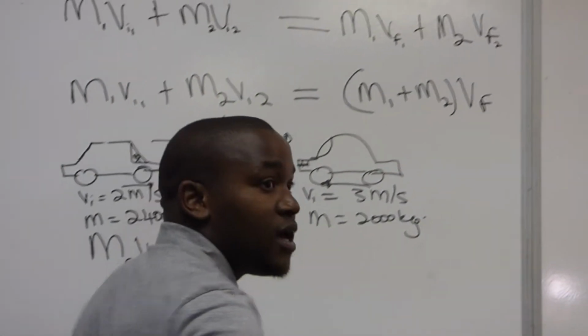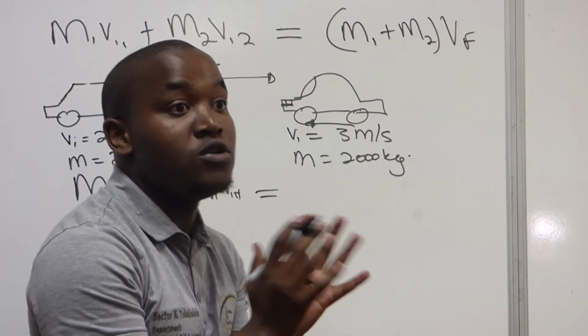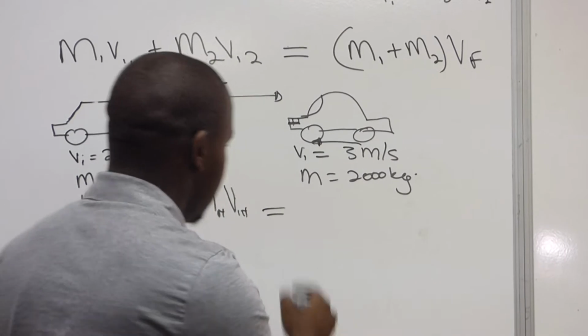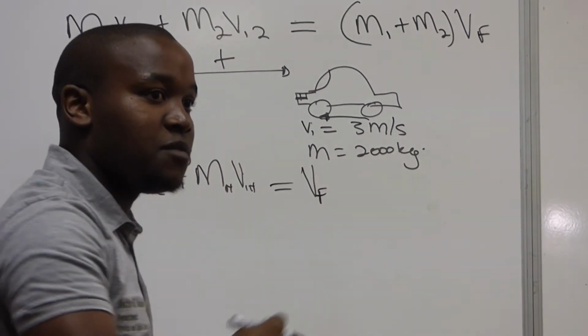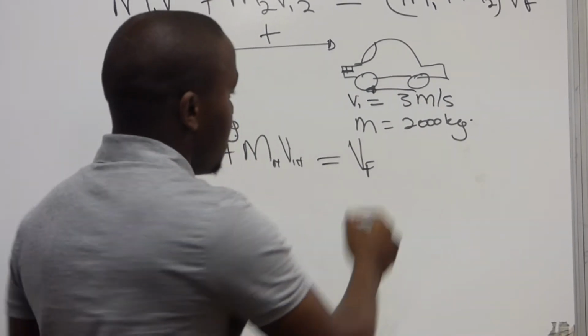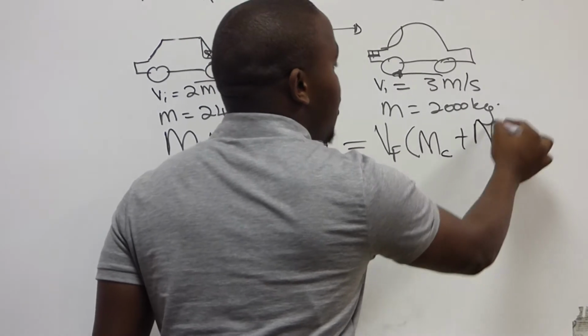After collision, they couple and move with a uniform velocity. Calculate that velocity, so I'm going to have VF. There's no need to specify which car's VF because it belongs to both cars. Now I have the mass of Chippy plus the mass of Natasha.